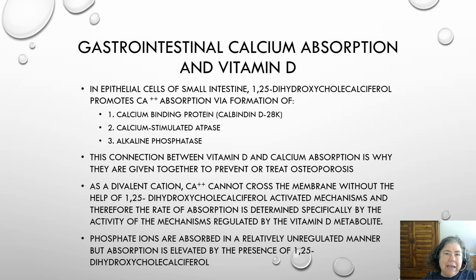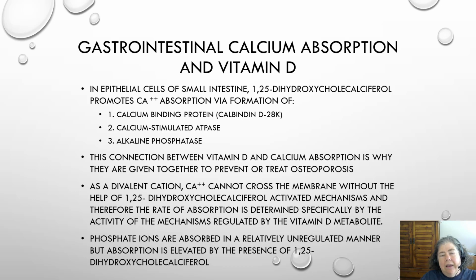In the small intestine, vitamin D promotes calcium absorption through a couple of different mechanisms. And you don't have to know the mechanisms, but know that there are a few ways in which vitamin D stimulates calcium absorption in the small intestine.